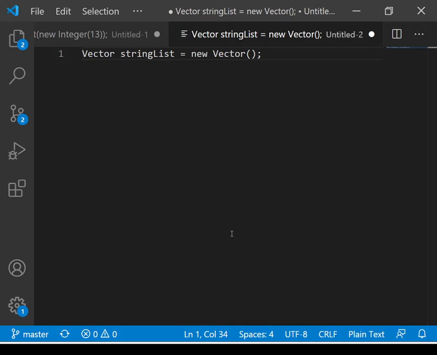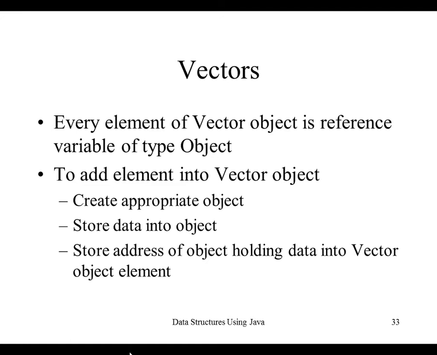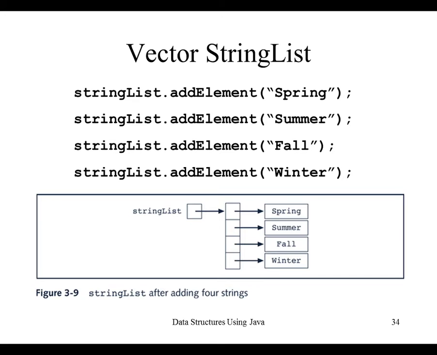Next, consider the following statements. stringList.addElement("Spring"), stringList.addElement("Summer"), stringList.addElement("Fall"), stringList.addElement("Winter"). After these statements execute, stringList is illustrated in this Figure 3-9.